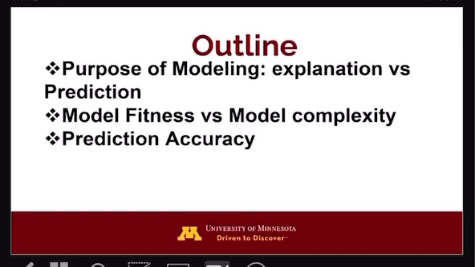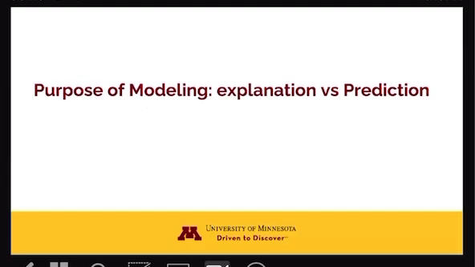Then after that, we're going to talk about prediction accuracy. If I want to talk about prediction accuracy, I'm definitely going to be biased towards prediction, telling the world my intention is prediction. Now, I want us to listen attentively, because we don't want a situation where you end up using an inappropriate metric of evaluation.